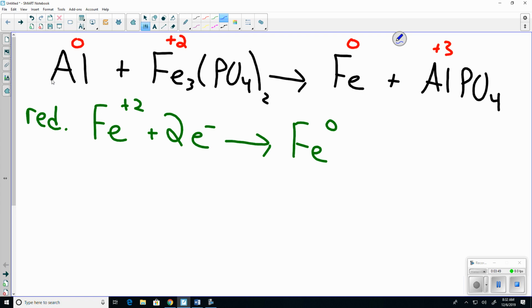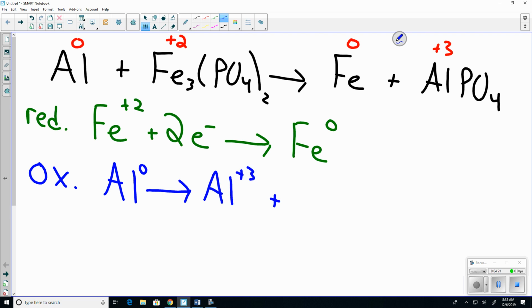Next bullet point down says write the half reaction for the element that was oxidized. Well, the aluminum had its oxidation number increased, so it was the thing that was oxidized. Aluminum starts as a 0. If you're oxidized, you lose electrons. Again, Leo goes Ger, lose electrons oxidized. So aluminum is going to turn into aluminum +3 plus a certain number of electrons.